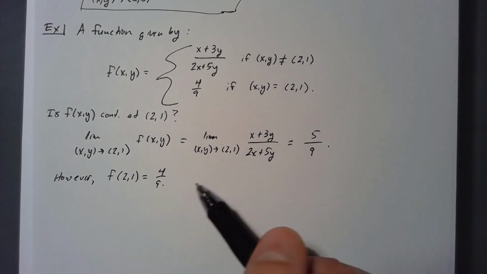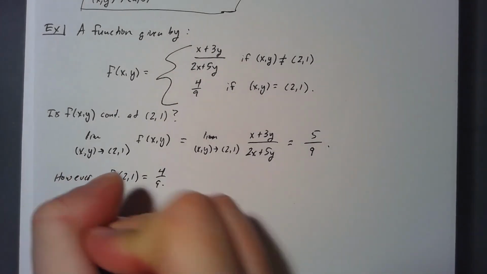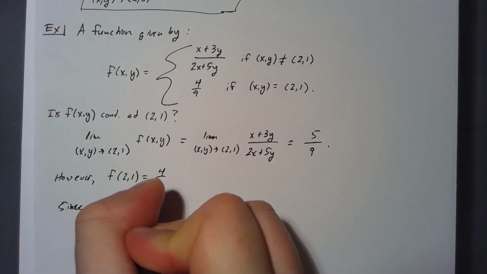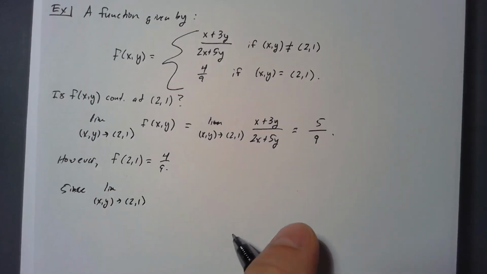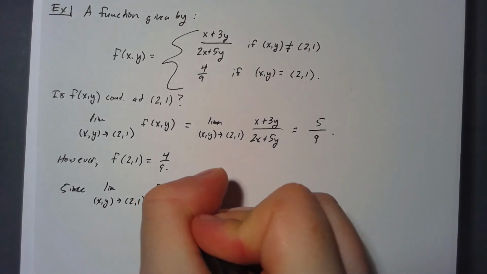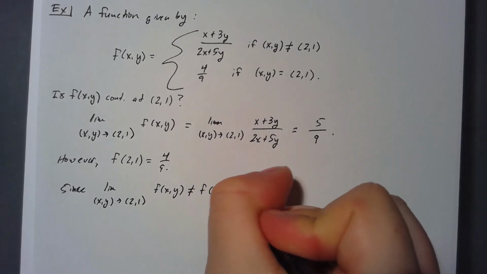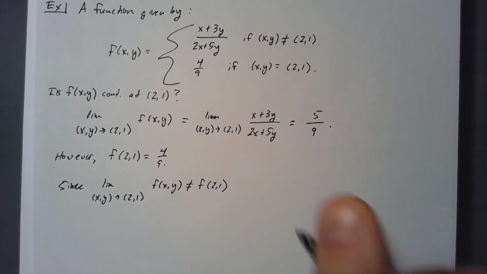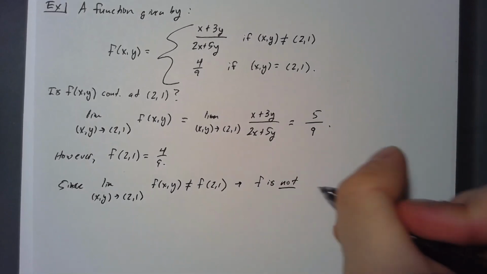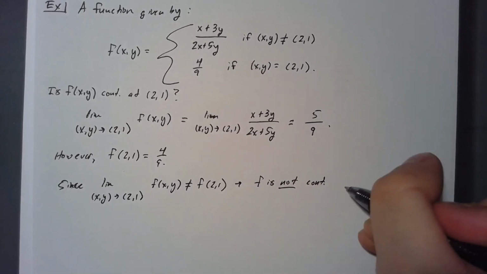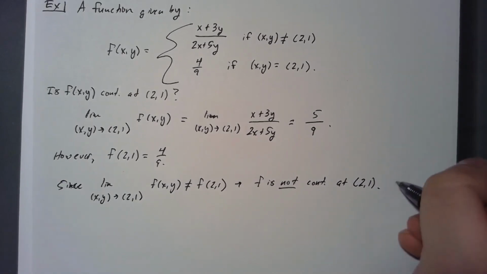So since they're unequal, since the limit of f of x, y is not equal to the function at 2, 1, f is not continuous, or discontinuous, at 2, 1.